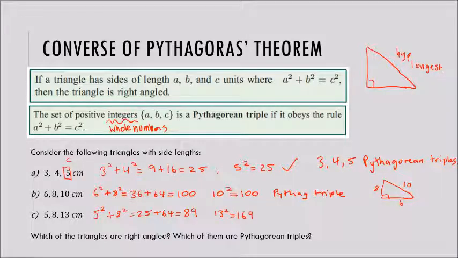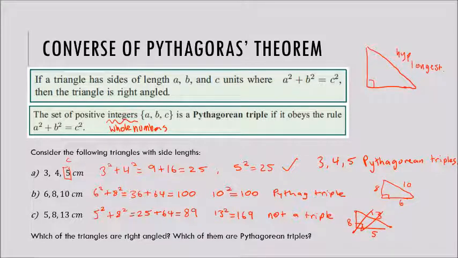So they do not match. They are not a triple. So that means I cannot write or draw a triangle where I have the sides 5 and 8 and my hypotenuse is 13. That doesn't exist.